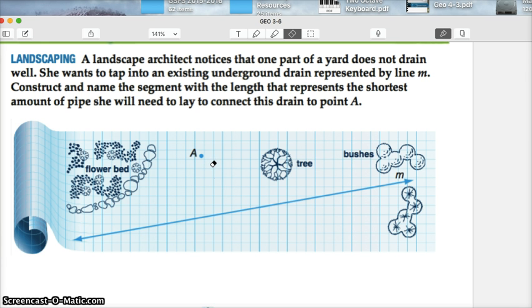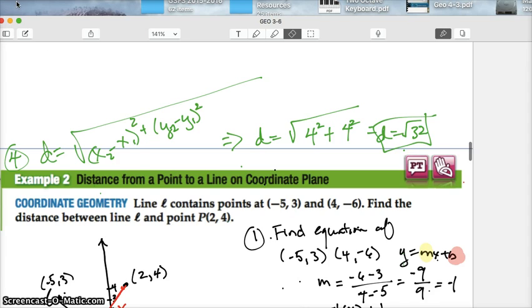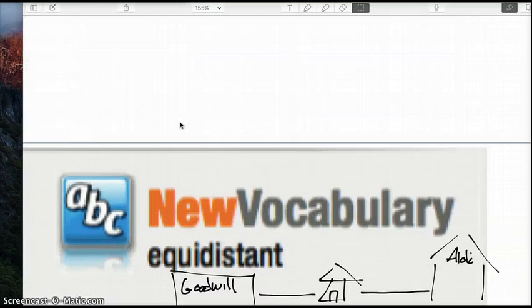You can read through the example in your text. It's a good example. It shows you how to make an arc and make another point so that you know you're making a perpendicular line through point A. So I'll skip example 1 and go on to example 2.